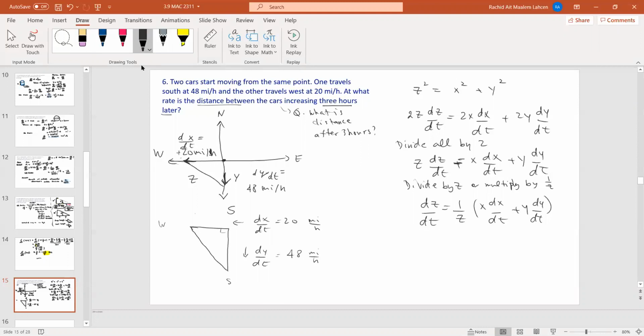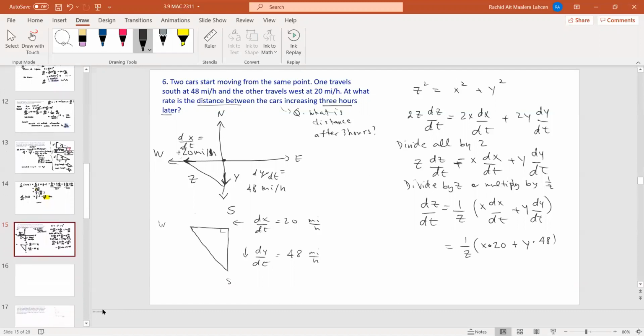So we have dx/dt as 20. We have dy/dt as 48. And we're missing the x and y and z. So here what we need to do is look at this right triangle and say, well, at 3 hours, what was the x?